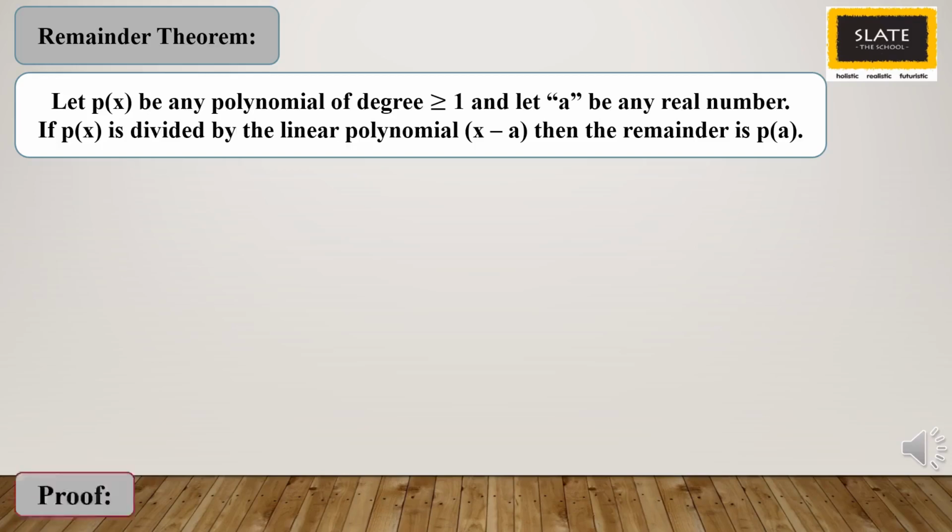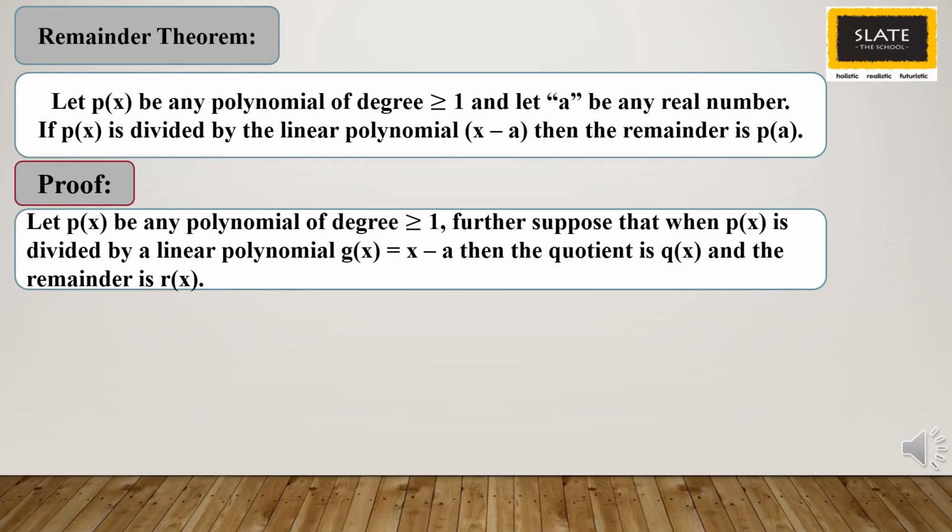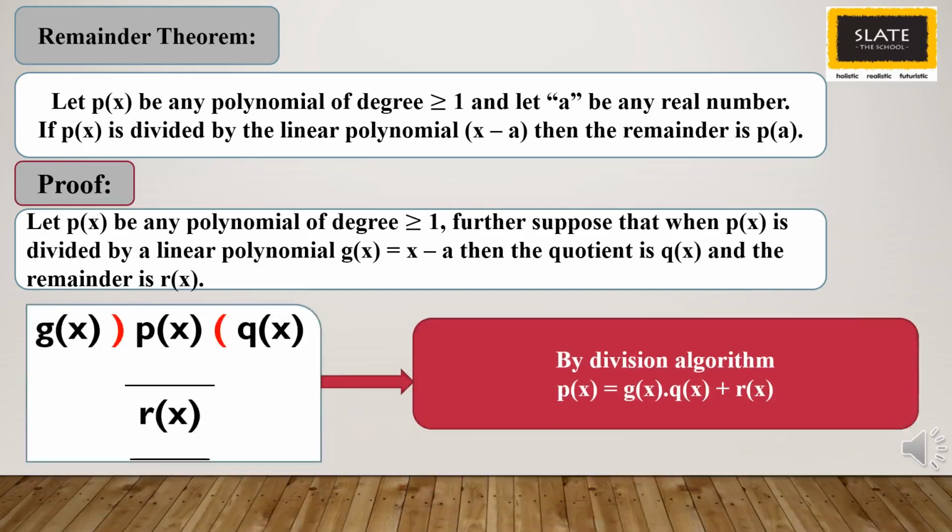Now see the proof. Let p of x be any polynomial of degree greater than or equal to 1 which is divided by the linear polynomial g of x equal to x minus a. So when we divide p of x with g of x, let us take the quotient as q of x and the remainder as r of x.